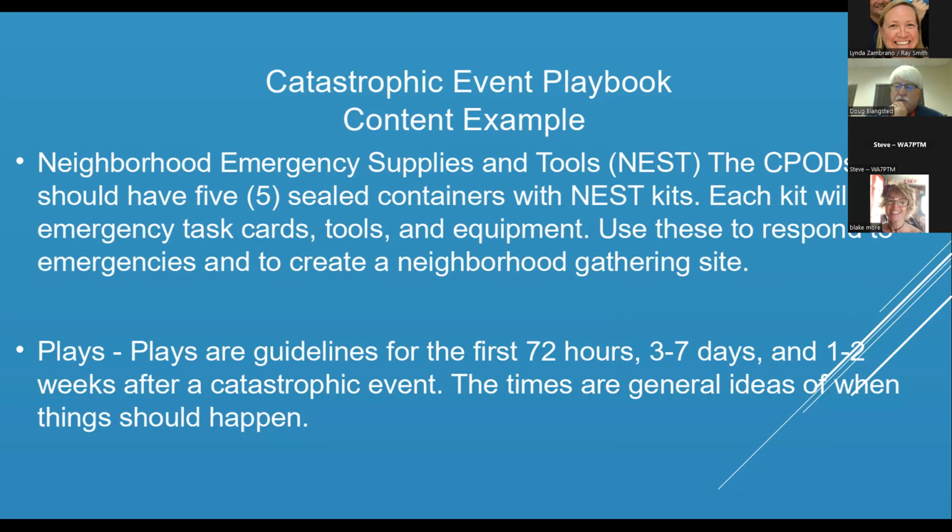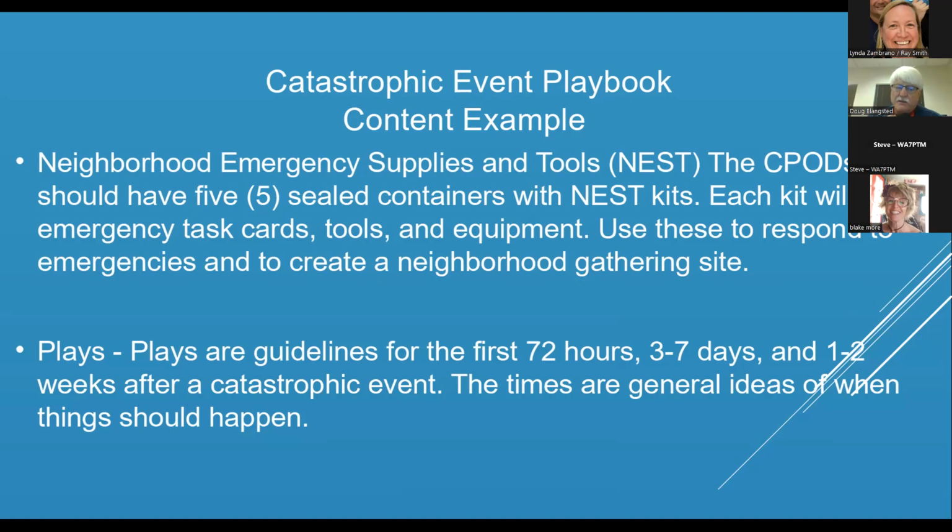There'll be some tools and equipment, and they'll also be able to respond to minor emergencies within their neighborhood gathering site. And then there are plays in the book, which just means guidelines for the first 72 hours, 3 to 7 days, and then some weeks afterwards, after the catastrophic event.